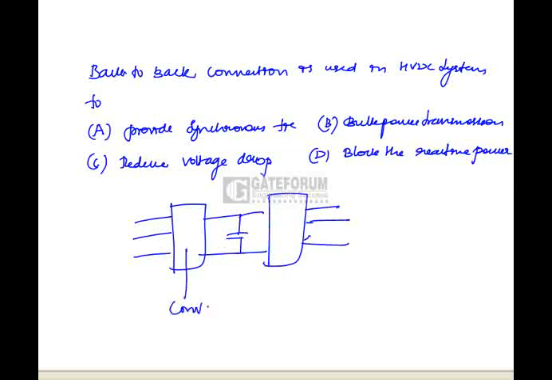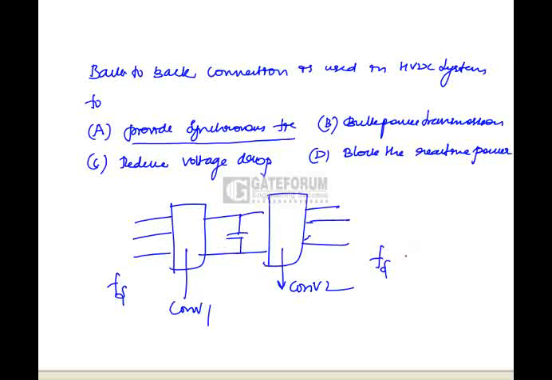This is converter 1 and this is converter 2. Now if you see option A, to provide synchronous tie, what do you mean by synchronous tie? We have to maintain the sending end frequency and receiving end frequency the same.